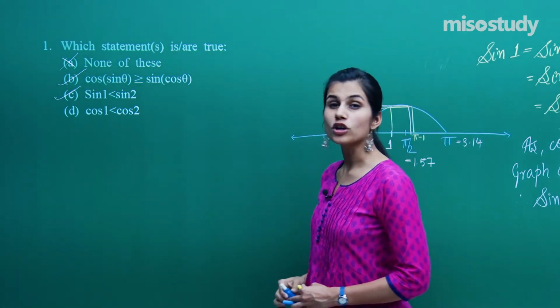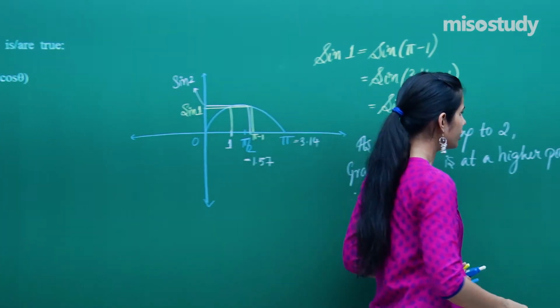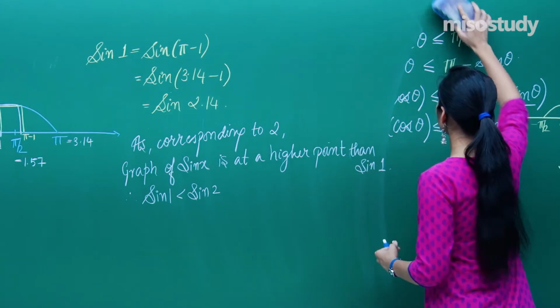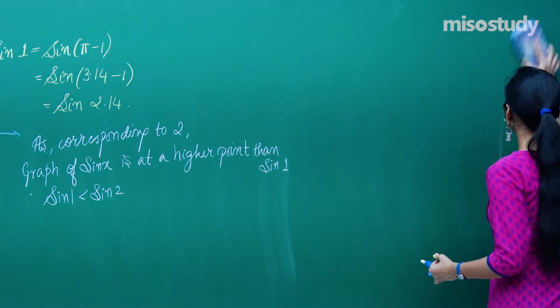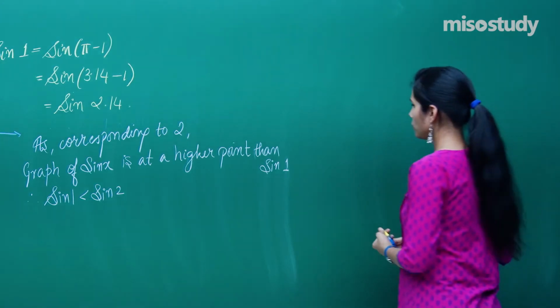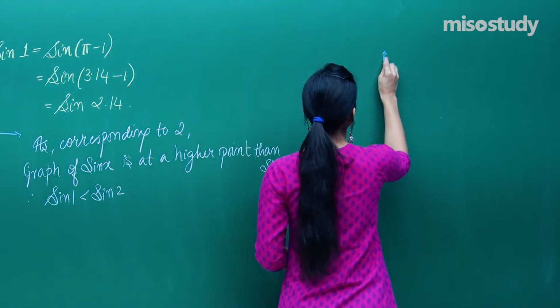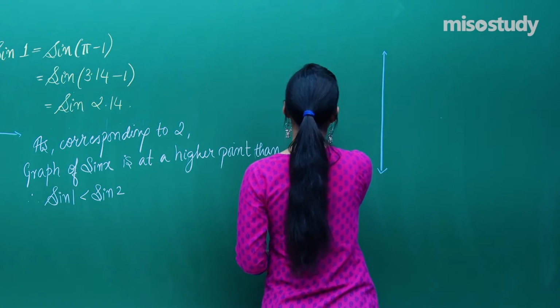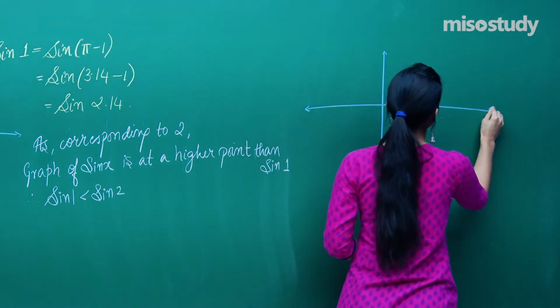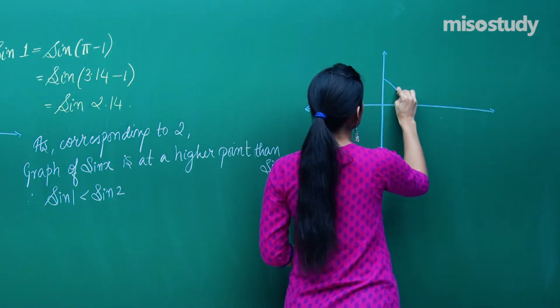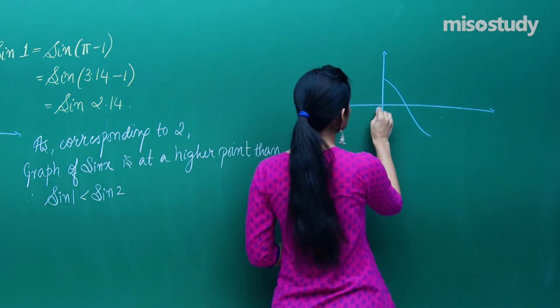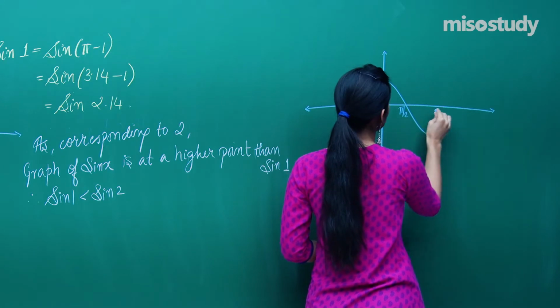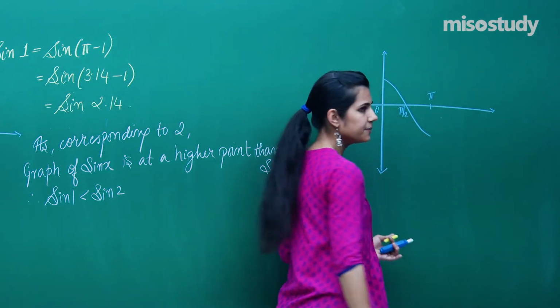Let's just check if cos 1 is less than cos 2 or not. Sine 1 is less than sine 2. What about cos 1 is less than cos 2? Okay. So basically, this is how you obtain it in the portion 0, pi by 2, pi.